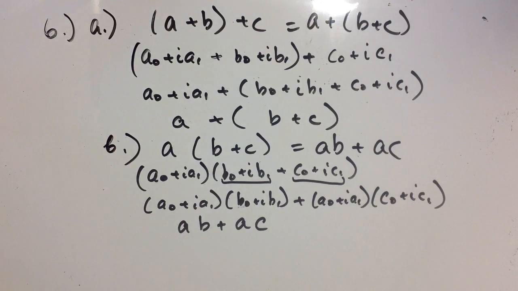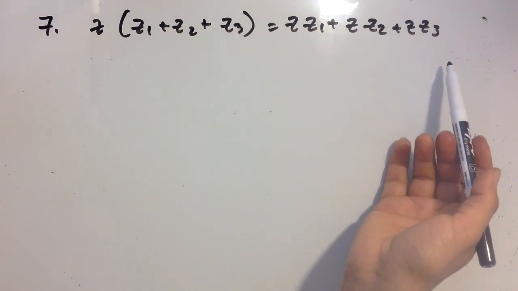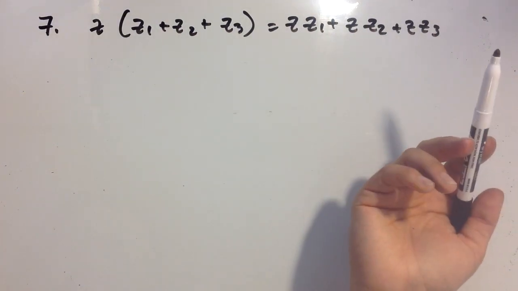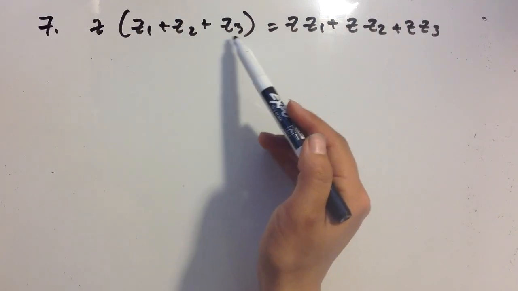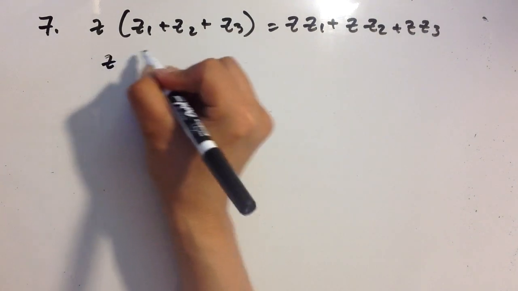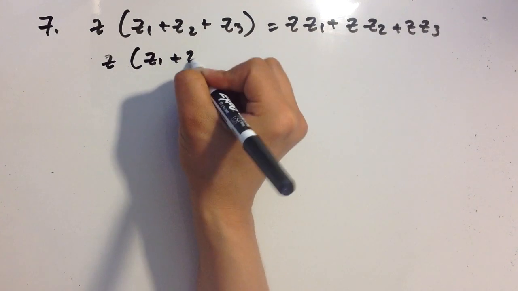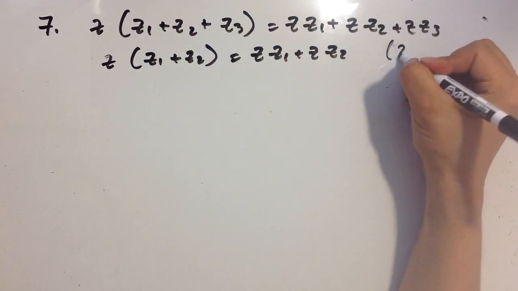In number 7, we are asked to prove the following relation. Although it seems obvious, it's just the distributive law, but for 3 terms instead of just 2. We have to use the relation given to us in the text by equation 2-3.